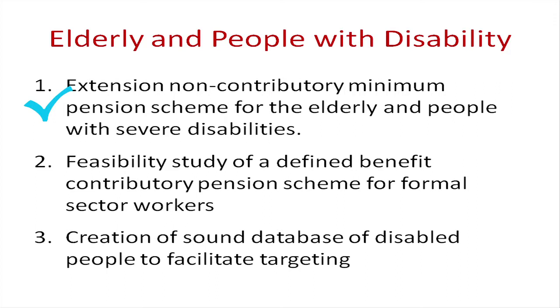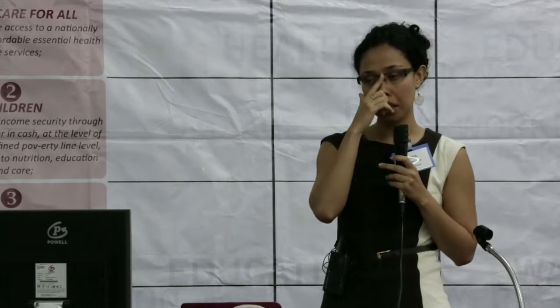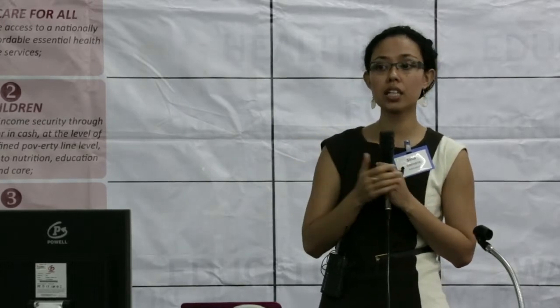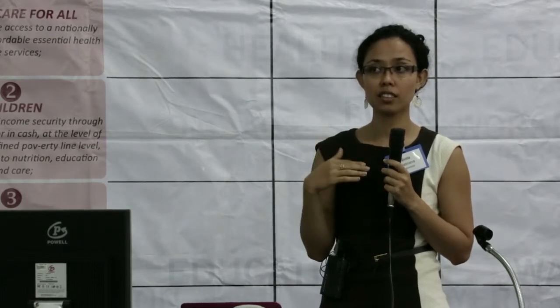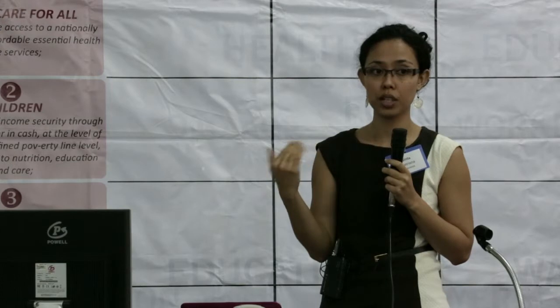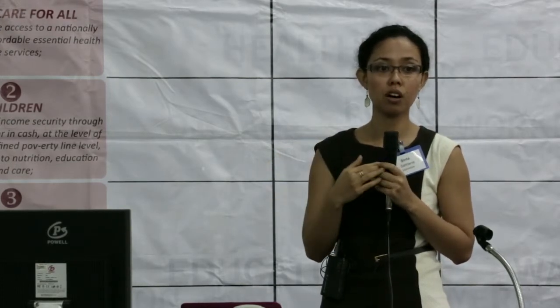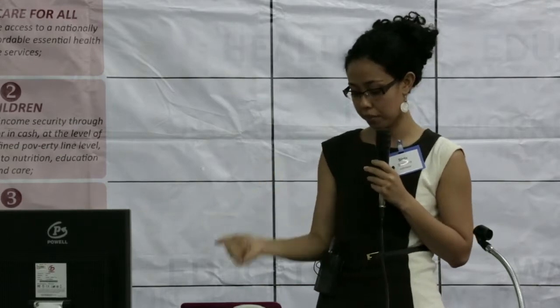The second one is to do a feasibility study of a defined benefit contributory pension scheme for formal sector workers, which is now taking place in Indonesia in line with the reform. Because earlier we did not have a pension scheme for non-government workers, and now it will be extended to all formal sector, and this is taking place.